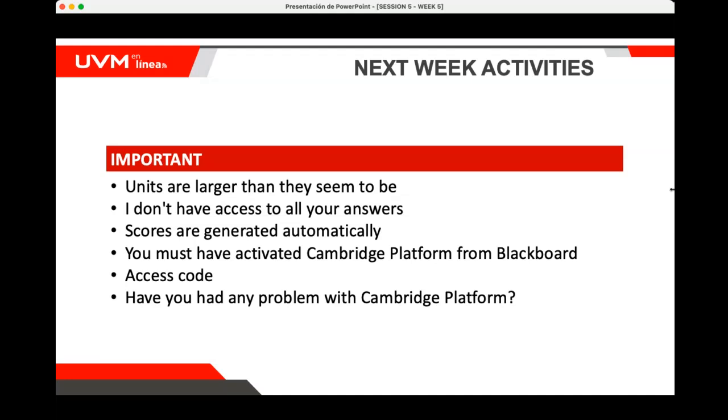And okay, have you had any problem with the Cambridge platform? Because again, I received a message in which some student told me that she or he, I don't remember, didn't or couldn't open the platform. But I don't know if you had any of this problem.